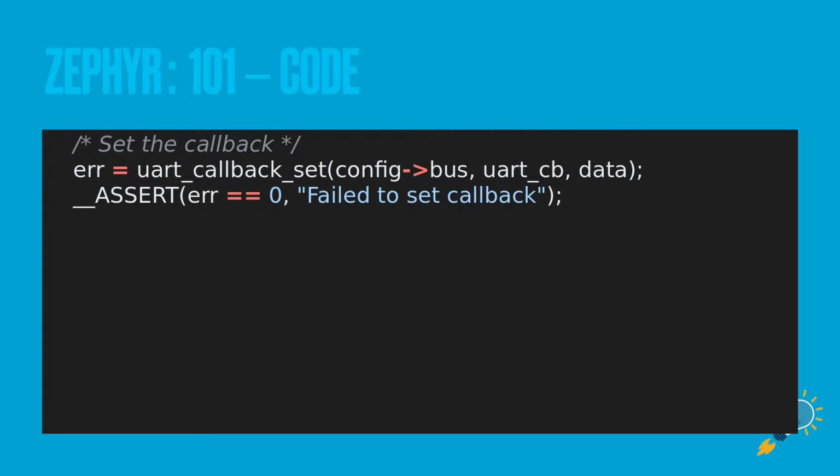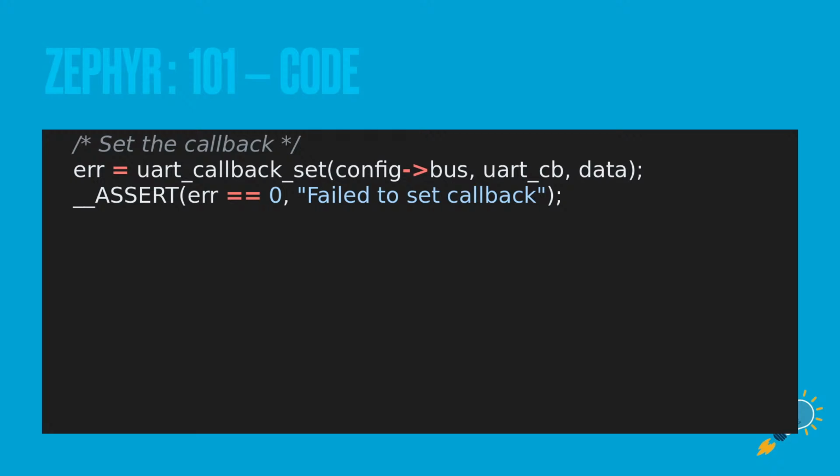The next, probably the most important thing here, is making sure that you set your UART callback. This is particularly important for the async implementations, because this callback is going to be used to let you know if there's data, if there's an event that happened on the bus, if there's errors, if it's been stopped, and so on and so forth.